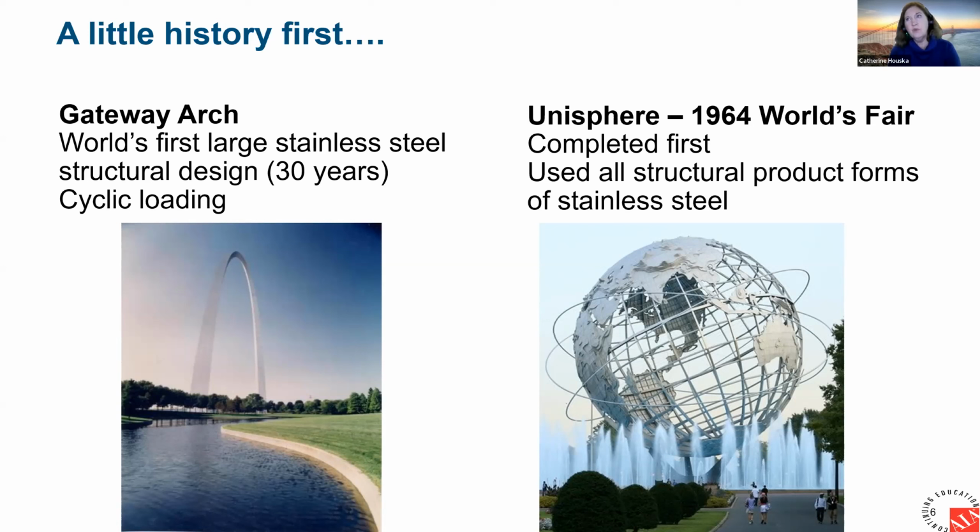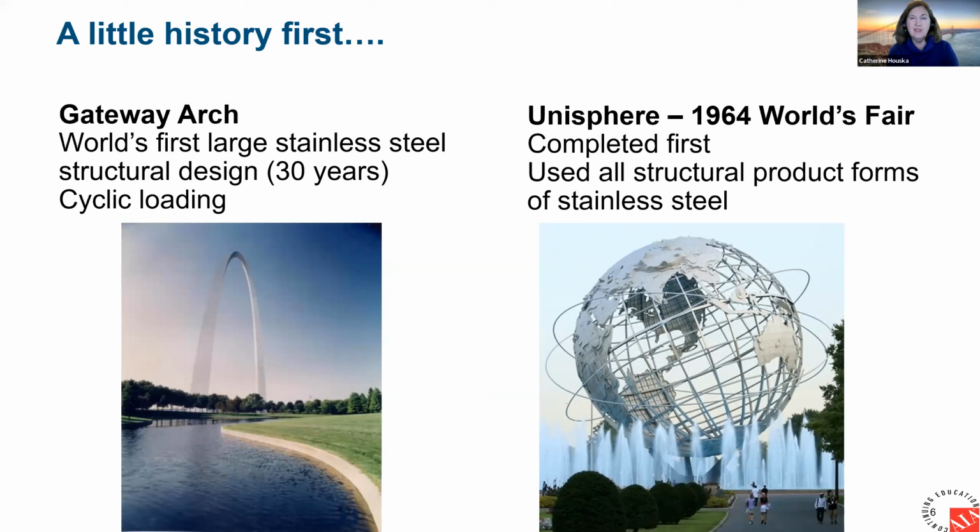Because there wasn't enough structural research, there were formal requests by professional organizations that more research be done before the arch was built. And that occurred, and it delayed the start of construction a bit. Because that research was available, it was used for some other things in between, like the Unisphere, which was built for the 1964 World's Fair.